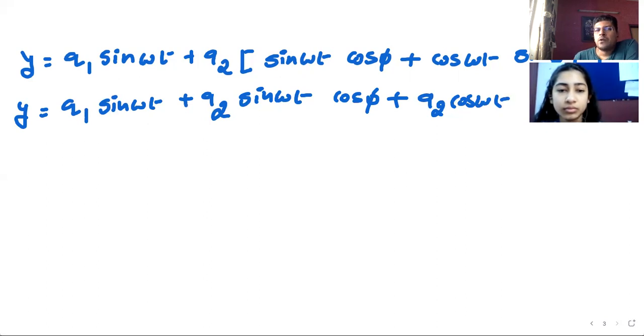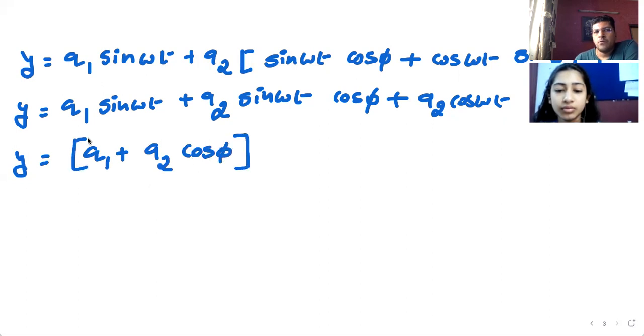Done. So from the very first bracket, I can bring out sin omega t common from the first two. So I have y equals a1 plus a2 cos phi, from which I have taken out sin omega t common, plus I have a2.